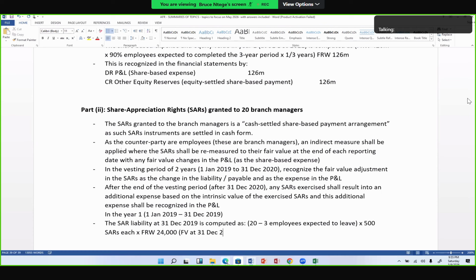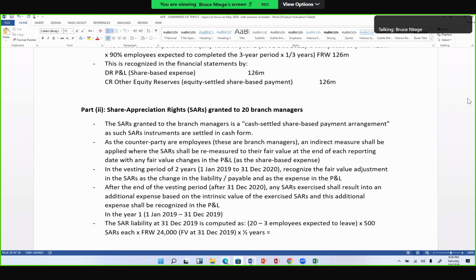In my calculator, 20 minus 3 is 17 employees, times 500 rights each, times 24,000 francs per right, times 1/2. So I have 102 million francs, the fair value of the liability.